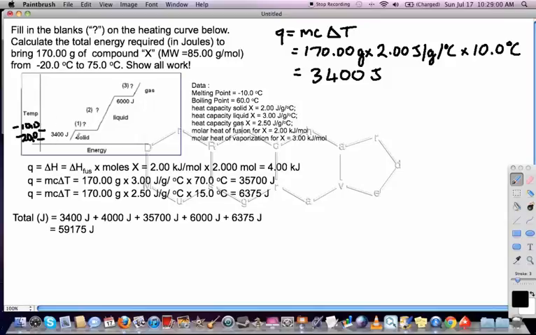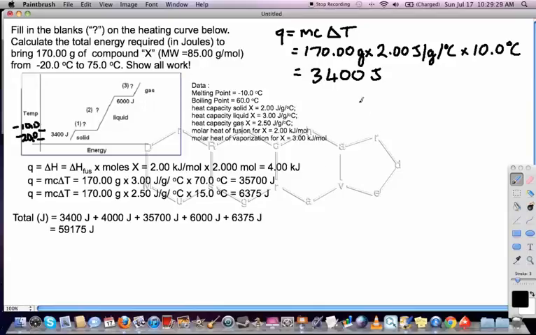Next we're going to figure out the heat required to take the solid and turn it into a liquid. What we're going to use there is the delta H of fusion. So the Q is going to be delta H of fusion times the number of moles of X. The number of moles is gotten from here. We've got 170.00 grams, and a molecular weight of 85.00 grams per mole.